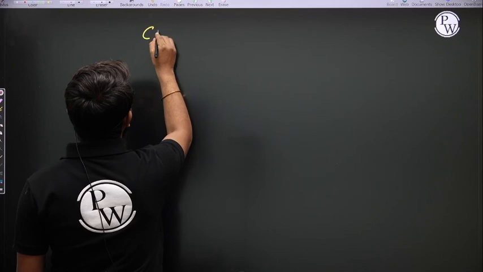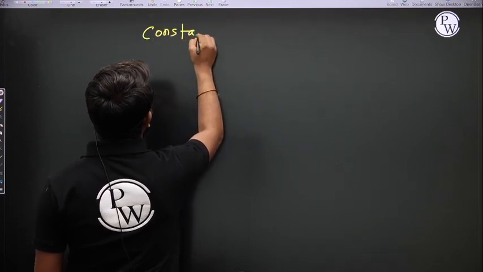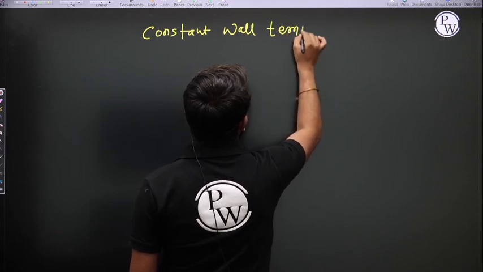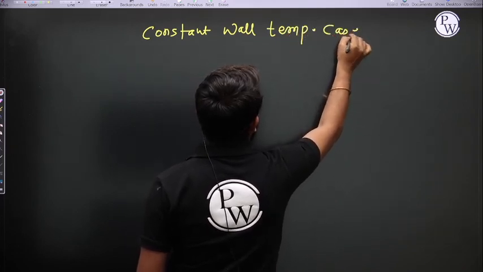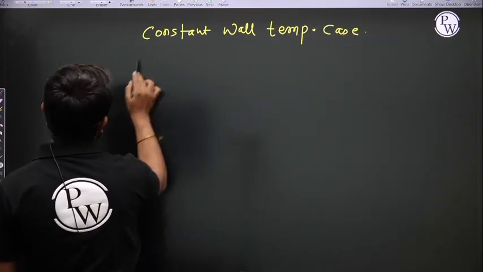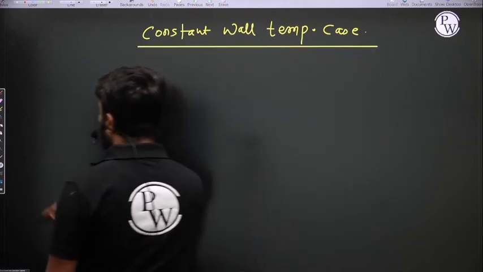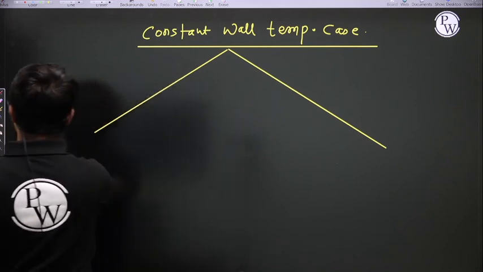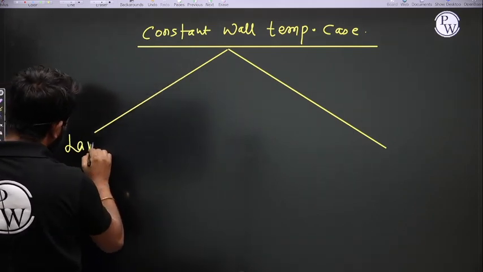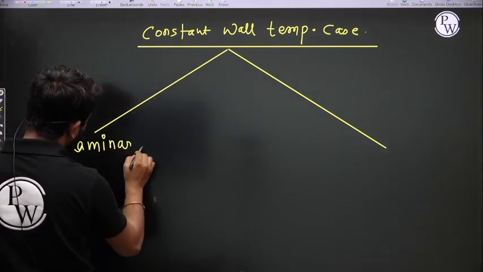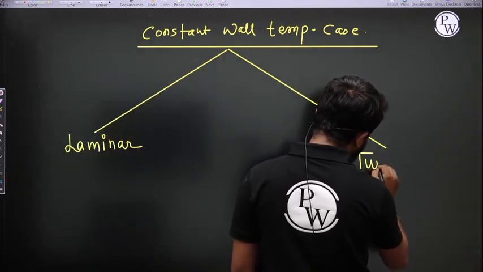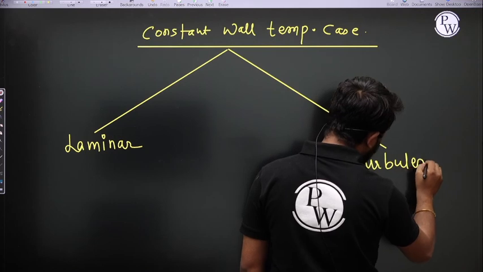For the constant wall temperature case, again there are two possibilities. The first possibility is that flow is laminar, and the second possibility is that flow is turbulent.